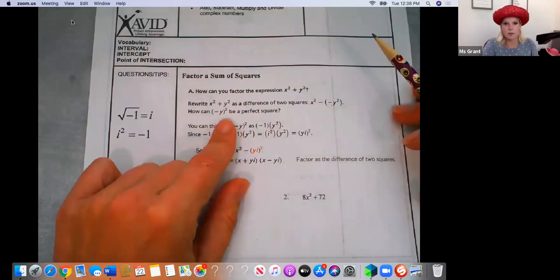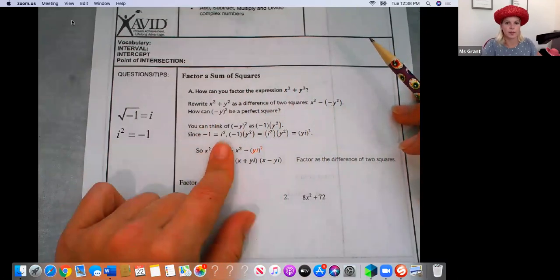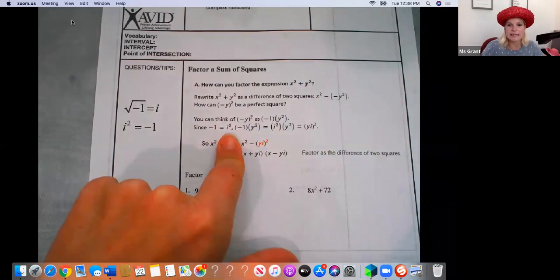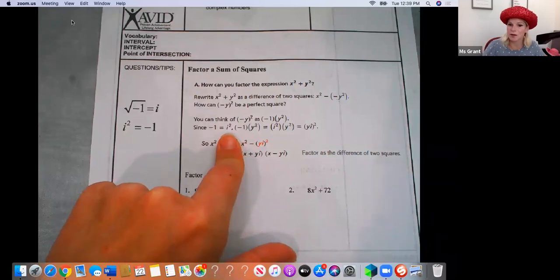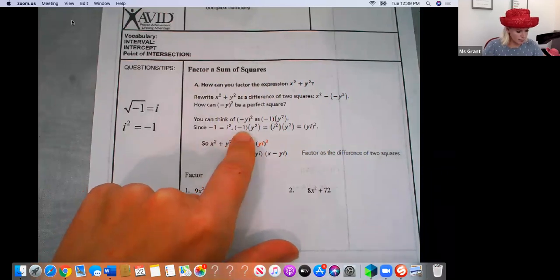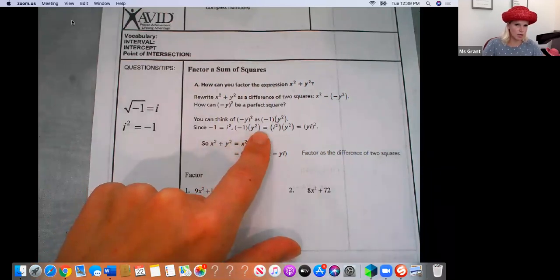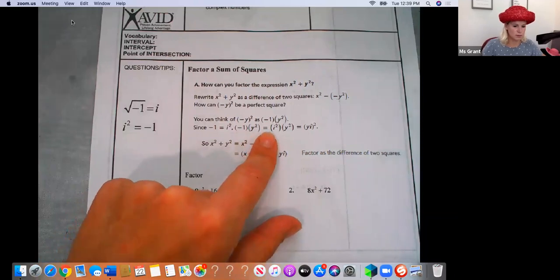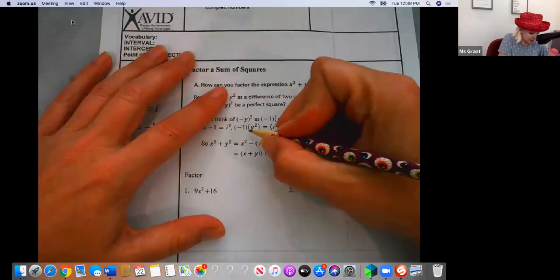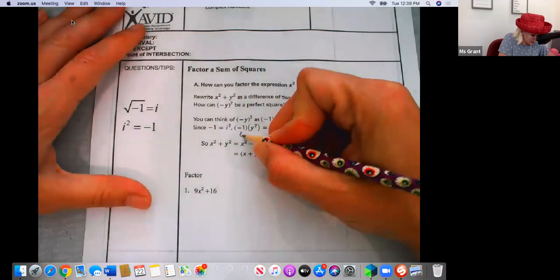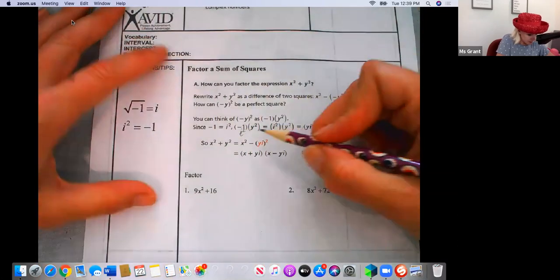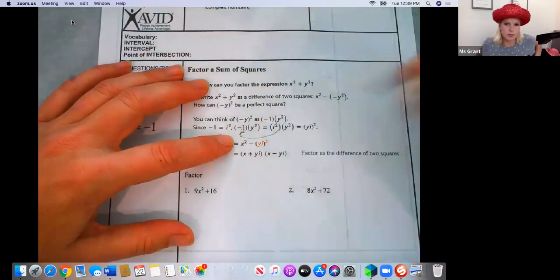How can -y squared be a perfect square? You can think of -y squared as -1 times y squared. And since -1 equals i squared, -1 times y squared equals i squared times y squared.